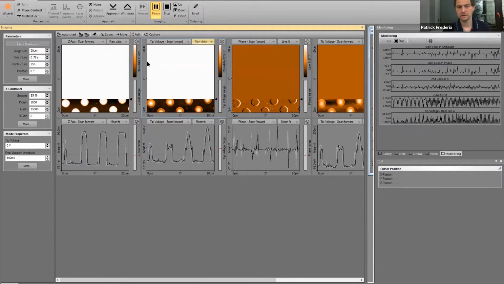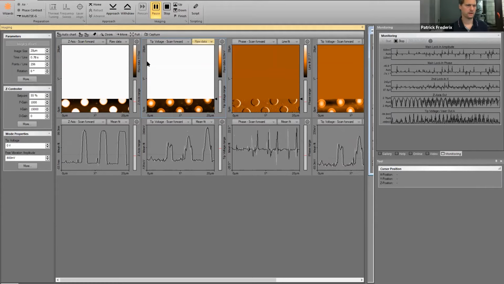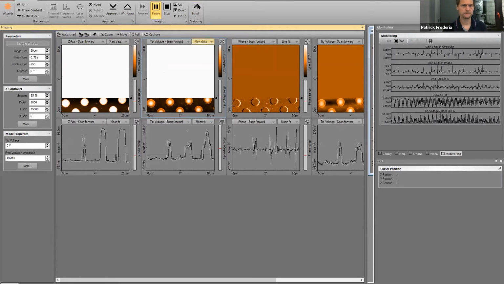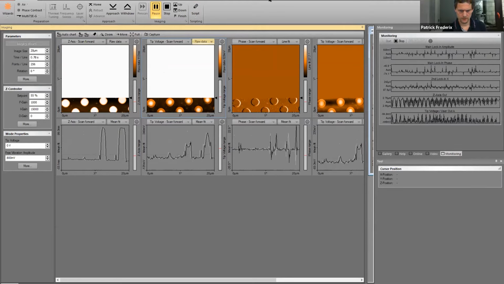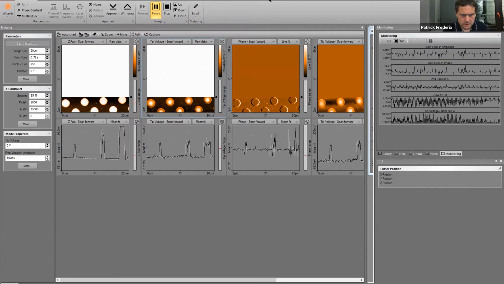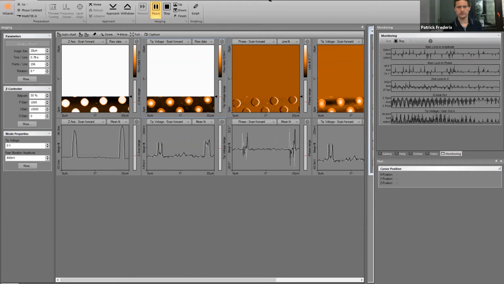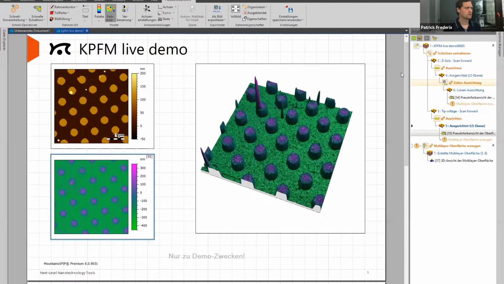We'll leave this scanning now for a while, and I will show you data that I recorded this morning. What you see here is Mountain SPIP software, which I used to load the data in. It's the same grating that I measured earlier today.